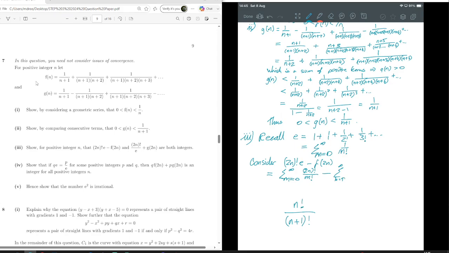So maybe I do want to sum from k equals 0, because then I can call this thing n minus k factorial. So that's when n was 0. The second term looks like n plus 2 factorial. And I've cancelled out n factorial again, haven't I? So on the numerator, I can always have just n factorial.